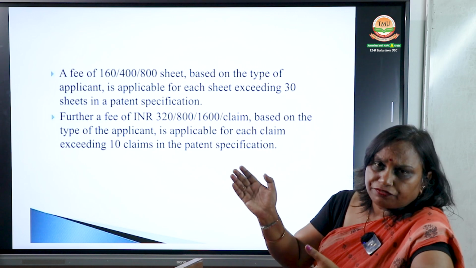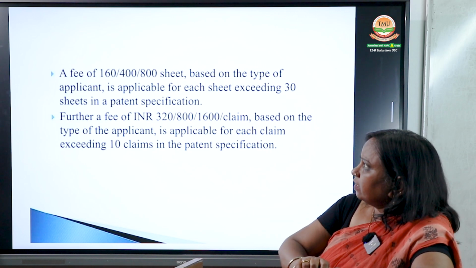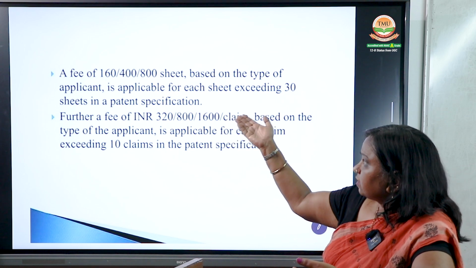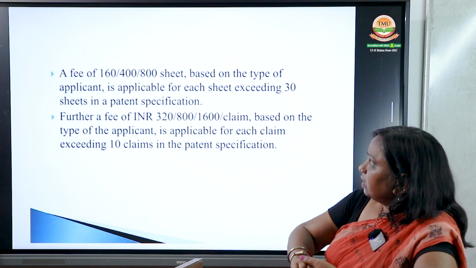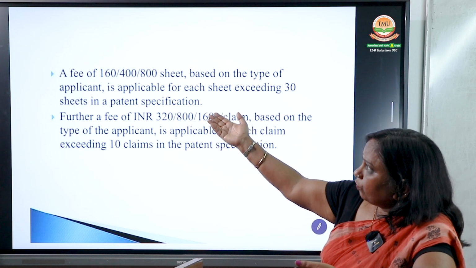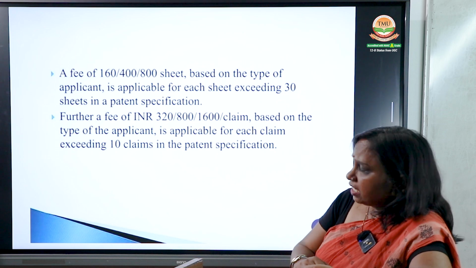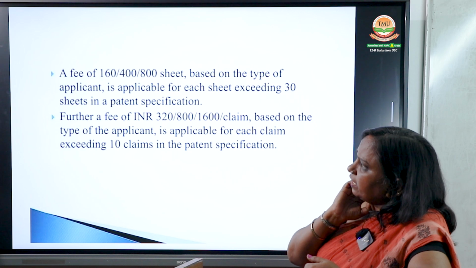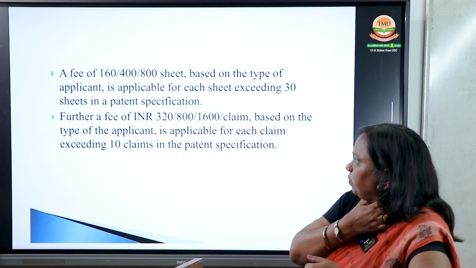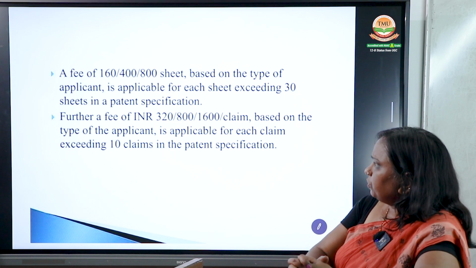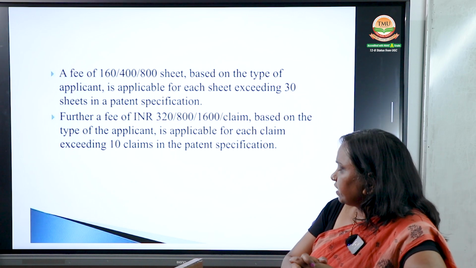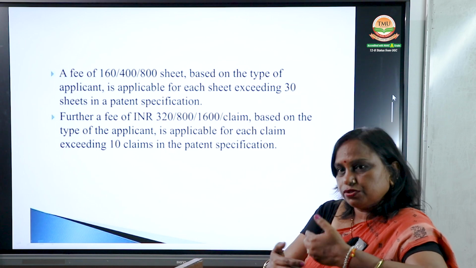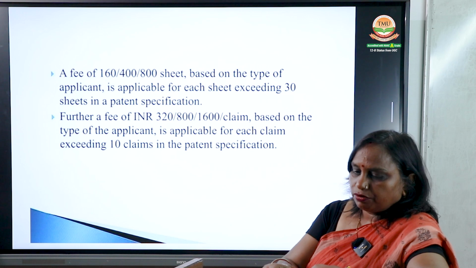So if it exceeds 30 sheets, then the fee is 160, and if there are some more sheets, then 400, 800 will be charged depending upon the number of sheets. Then further fees of rupees 320, 800, 1600 based on the type of applicant is applicable to each claim exceeding 10 claims in the patent specification.